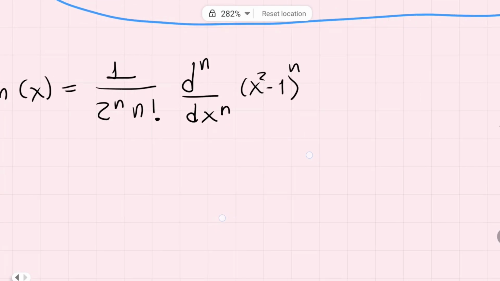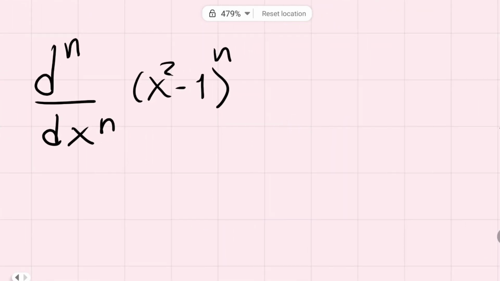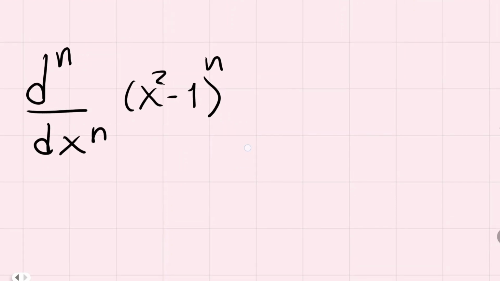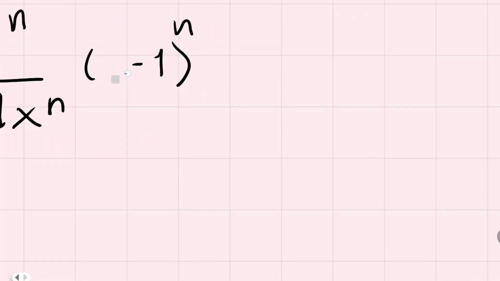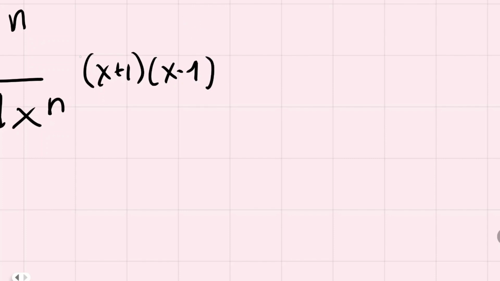Okay, and here we are going to look again at this term, and instead of looking at it as a sum of two terms, we are going to look at it as a product. It's very easy to notice that this can be expressed as x plus 1 times x minus 1, okay, raised to the nth power.